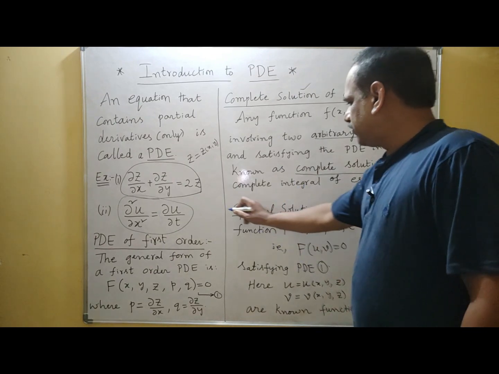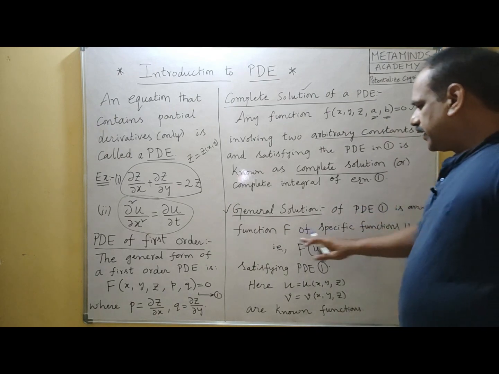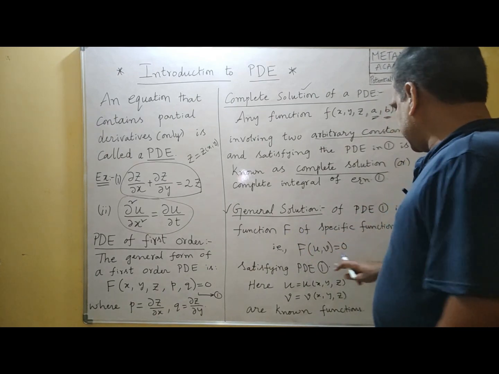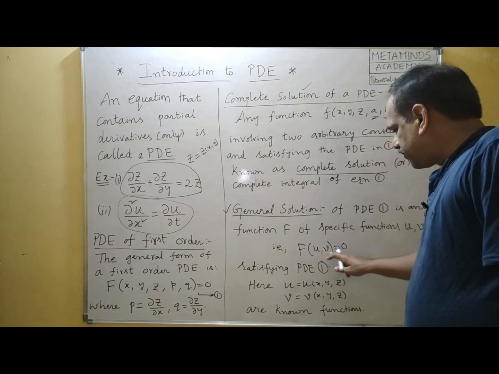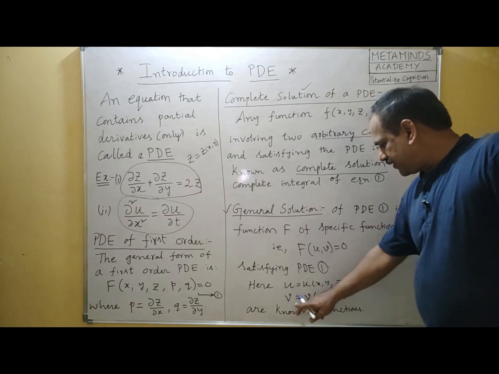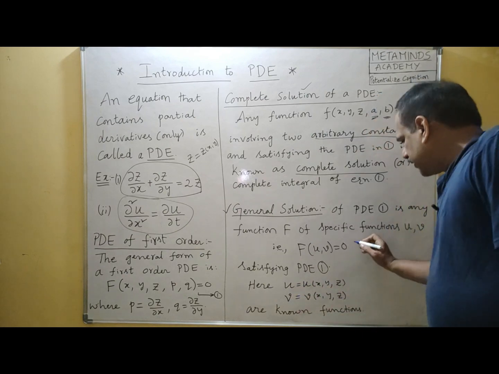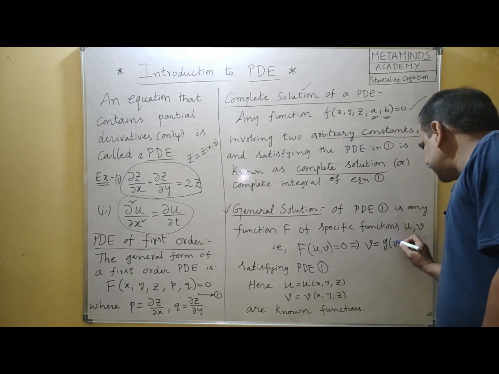And what is a general solution? The general solution of a partial differential equation is any function of two functions, like capital F of u comma v equal to 0. What are u and v here? u is a function of x, y, z, and v is a function of x, y, z. That means you can also write v equal to g of u.